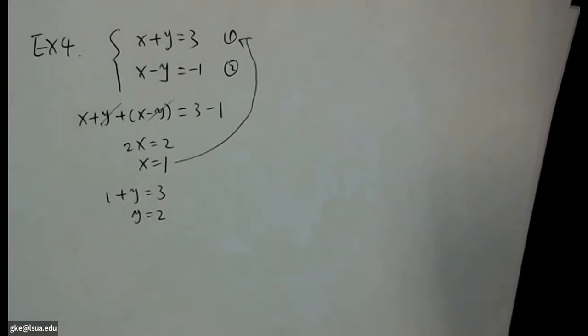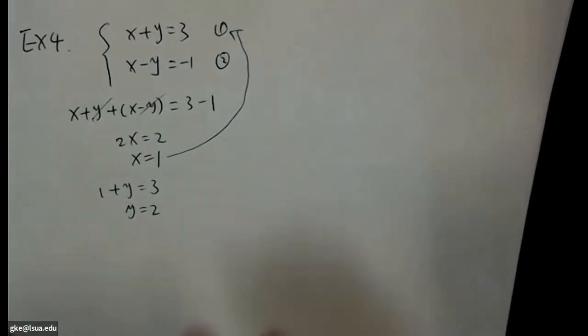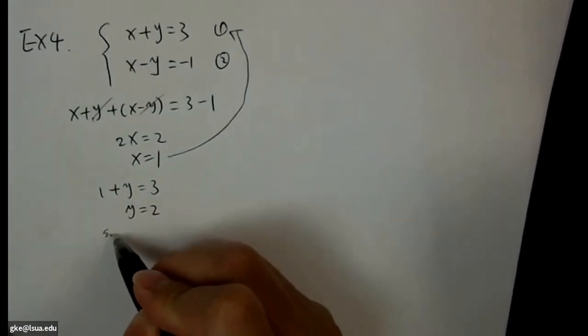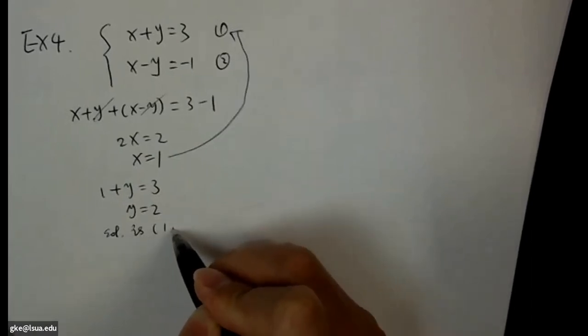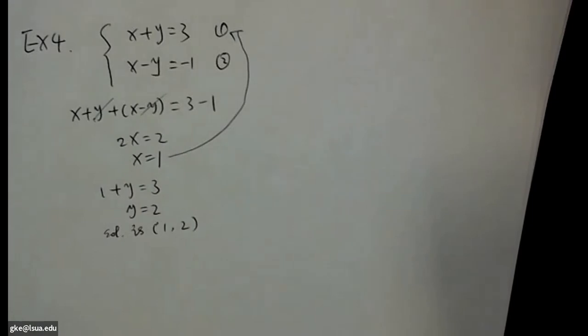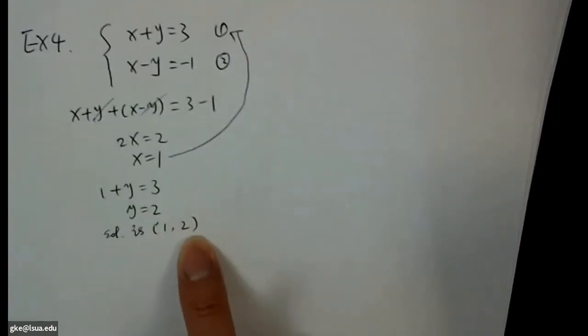So the solution set is (1, 2). For this linear system, we can write down the format (1, 2). x equals 1, y equals 2. That's the solution.